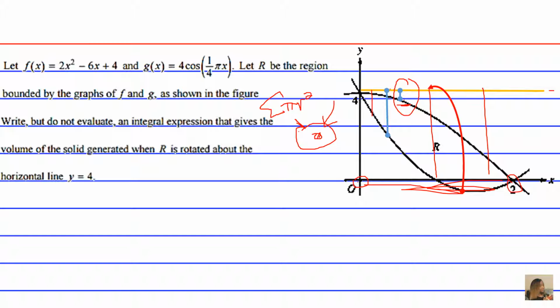And our outer radius, this thing, is going to be 4 minus f of x, because 4 is above. So 4 minus f of x gives us this region here.